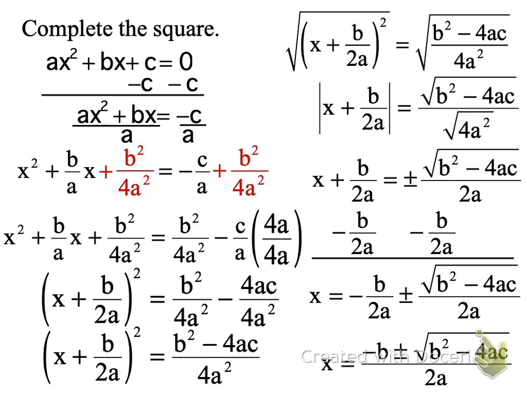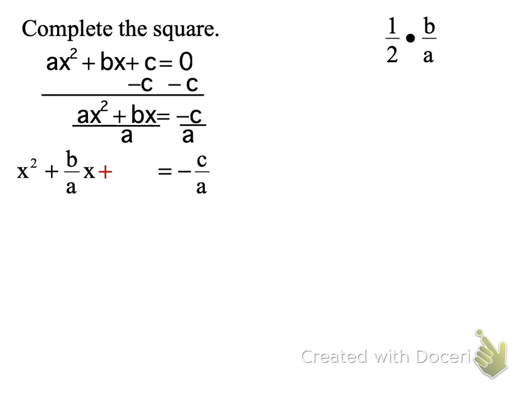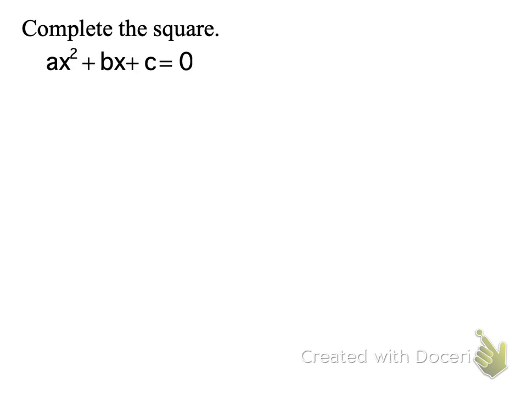So now, let's take a minute and do it in steps so you can write it down, because you're going to be required to do this on a quiz this week. So, ax squared plus bx plus c equals 0, what's the first step we do? We're going to subtract c, and I'm left with ax squared plus bx equals negative c.